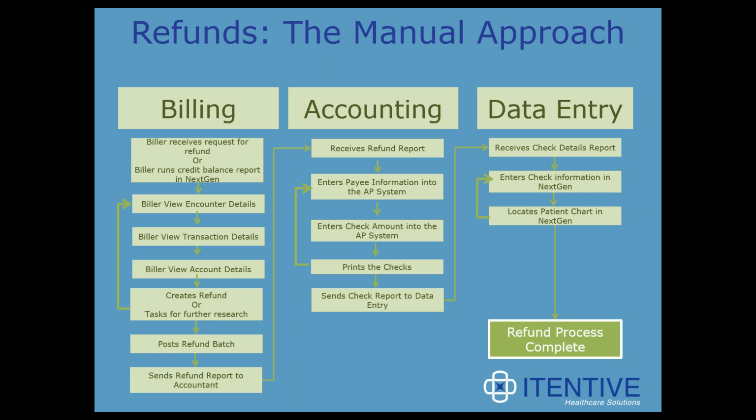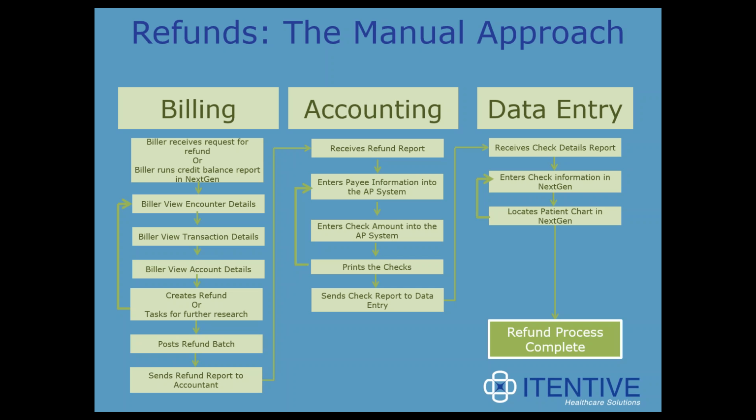Once it gets over to accounting, accounting takes that information and has to enter it into the accounting system. And generally it gets entered in manually in most cases, where they have to enter the name of the individual who's receiving the refund, the address, the city, the state, the zip, the amount of the refund, all gets entered into the accounting system.